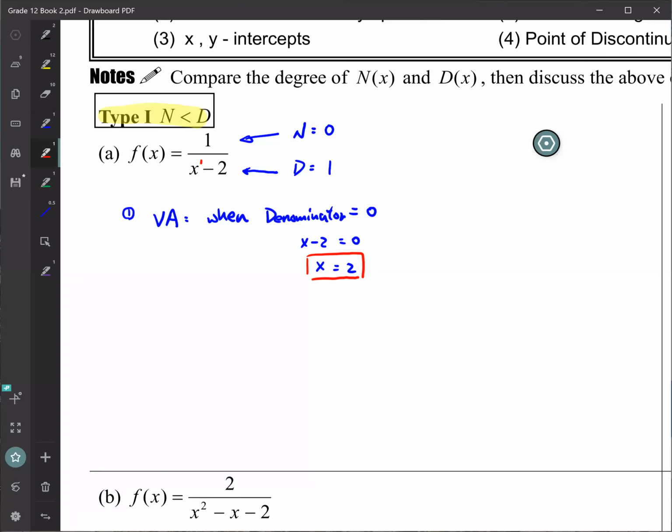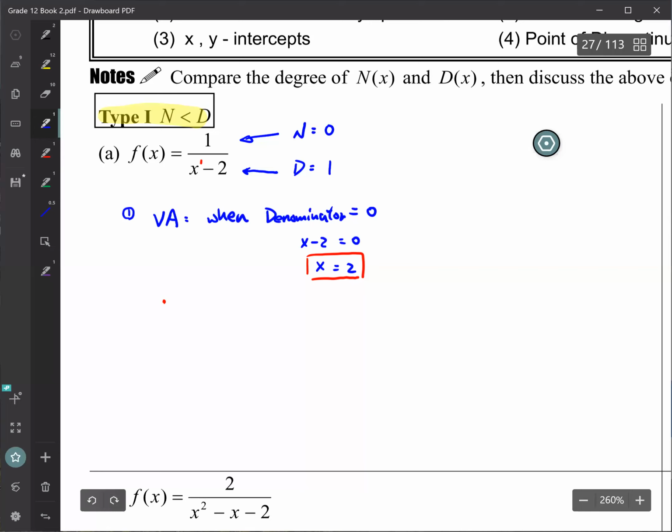So what does it tell you? When x equals 2, there is no point to graph. If you substitute x equals 2, the denominator will be 0, and that's undefined. So x equals 2 is the location where there's no graph at all, empty space.